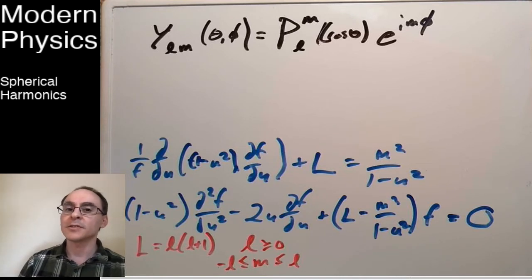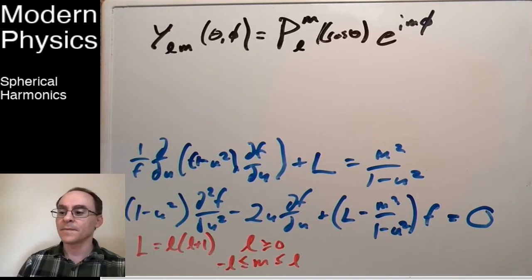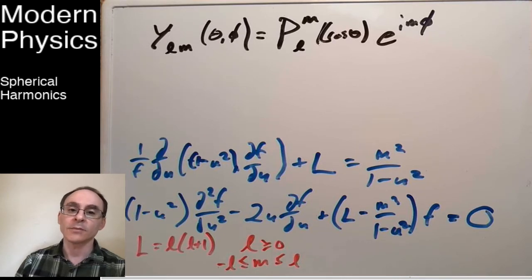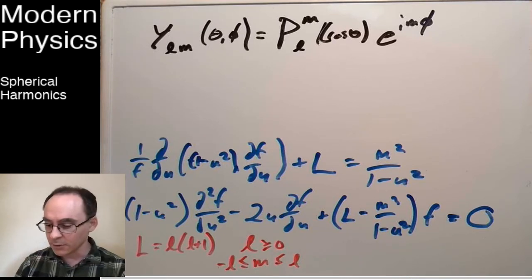We didn't plug in a potential. All we really were doing was a second derivative equation. The fact that it had to do with quantum mechanics didn't enter into it very much. So this equation pops up a lot anytime you're doing anything with spherical symmetry in physics, and you'll run into these spherical harmonics a lot.